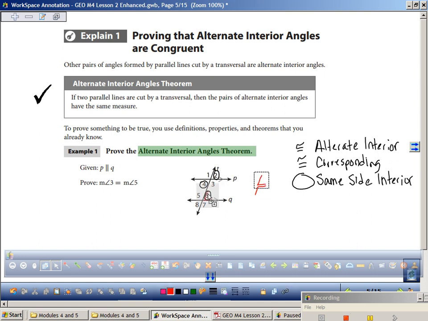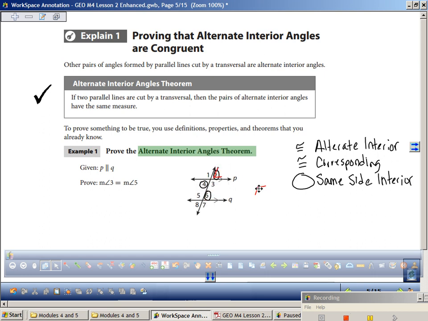Check this out. Aren't 6 and 2 corresponding? Same spot? So I could take it, put it in the same spot, and now it becomes a linear pair. Do you see that? Here's 6.